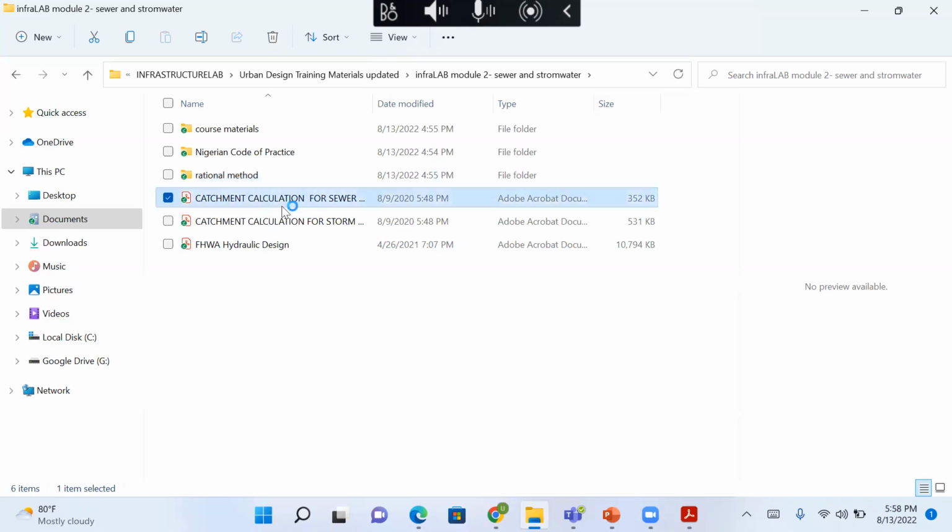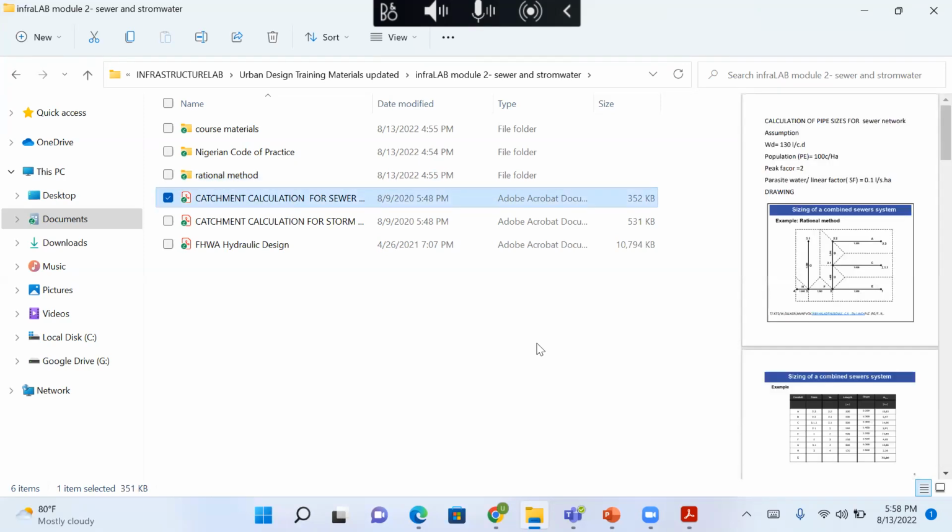Okay. Sorry, before you proceed, just being curious. I know that at times you use the rational method for design when you have a very huge catchment area, say above about 12 square kilometers or thereabouts.